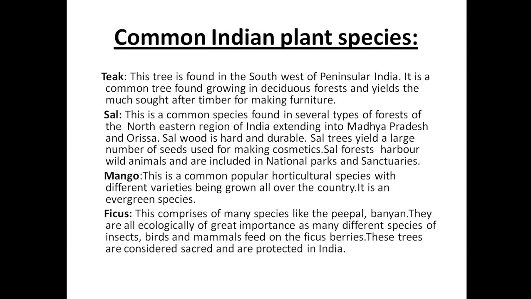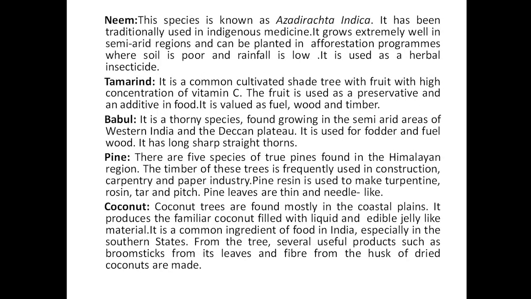The ficus comprises of many species like the peepal and banyan tree. They are all ecologically of great importance as many different species of insects, birds and mammals feed on the ficus berries. They are also considered sacred and they are protected in India. Next we have the neem.